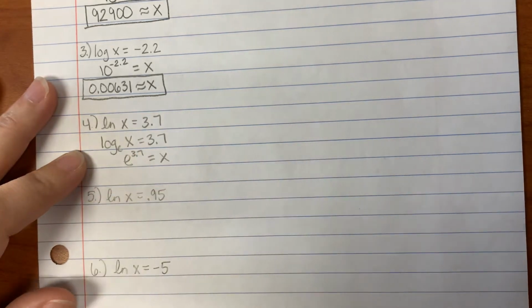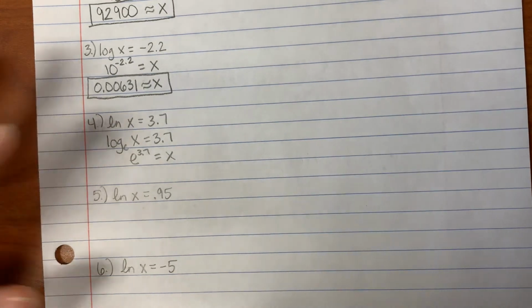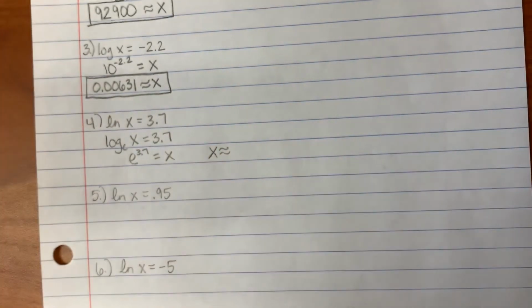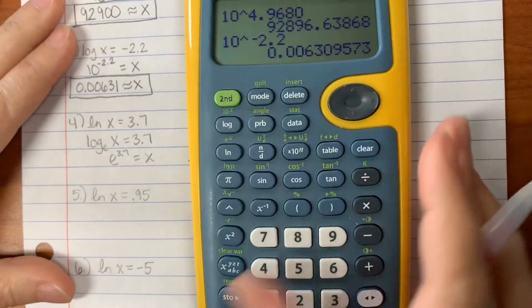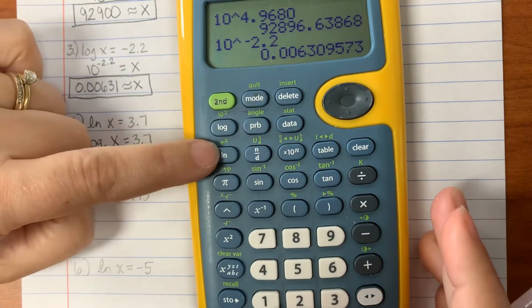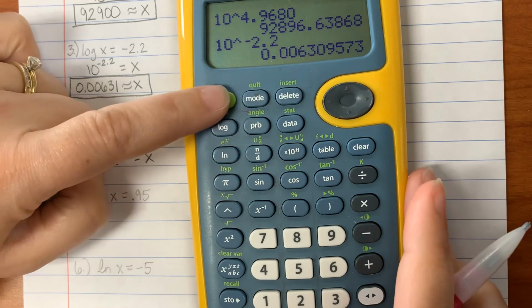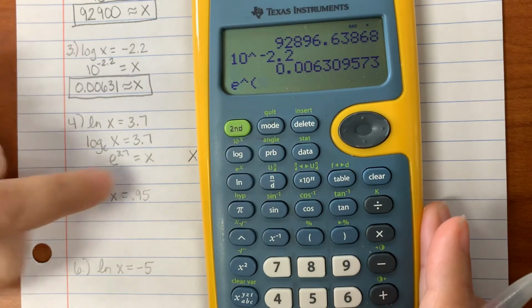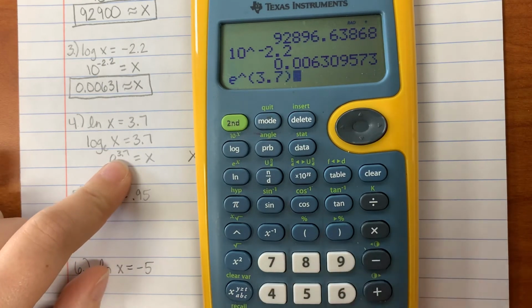And remember, e is just a number, so I can figure out what that is. X is going to be approximately, and again, I'm going to use my calculator. This time I'm going to do e to some exponent. So I have to do second natural log, so that's e to the, and then this one is 3.7.